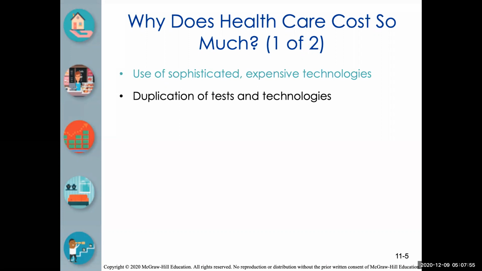We're sometimes required to get 2 or 3 different tests for the same affliction that we might be going to see our doctor for, just to prove to the insurance company that what the doctors say we have is what we have, before the insurance companies will pay any money to take care of the affliction. So duplicity of tests and technologies sometimes costs a lot of money.